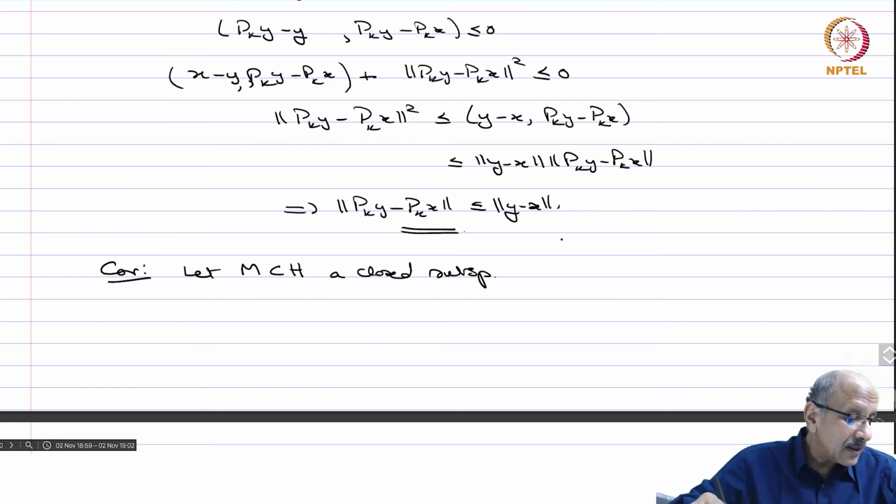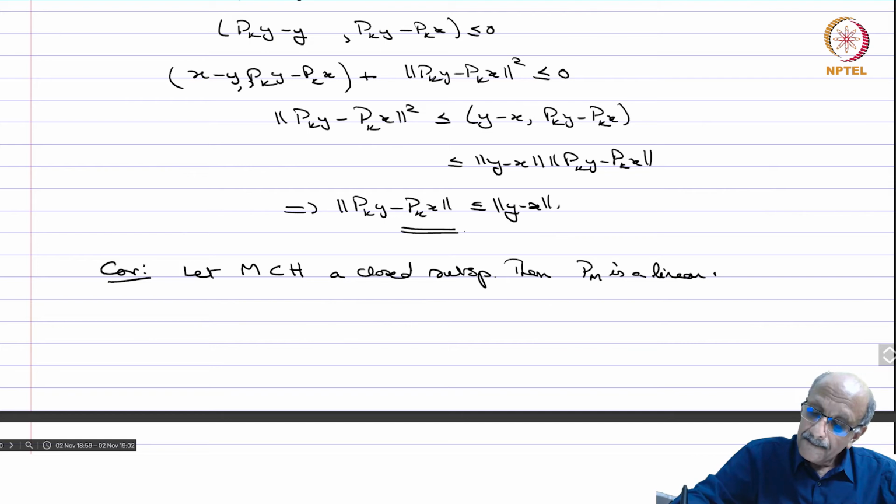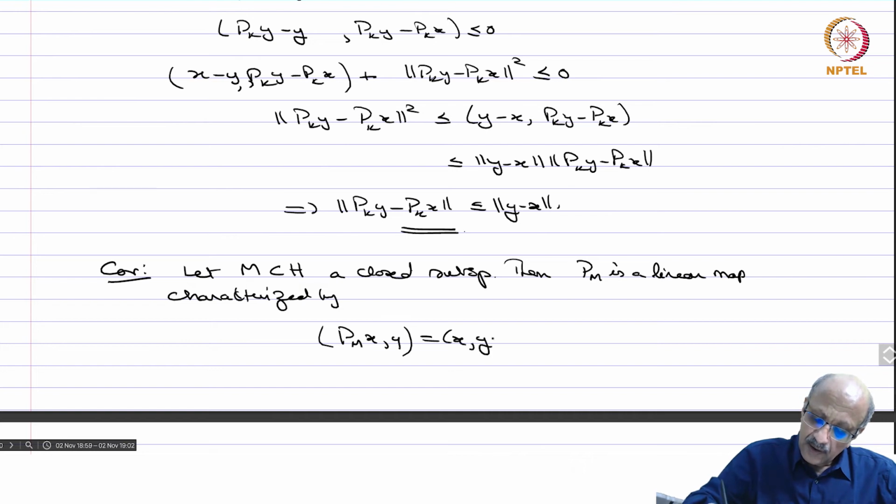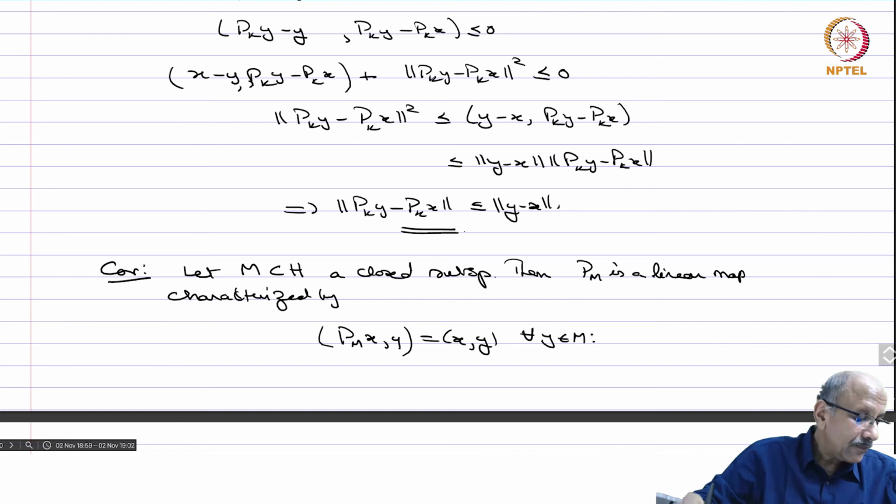Then P_M is a linear map characterized by ⟨x − P_M x, y⟩ equals 0 for all y in M.